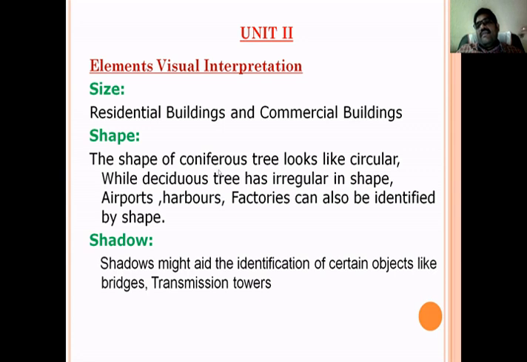The third one is shadow. Sometimes shadow also speaks what the image is. There are certain objects on the earth which always appear with their own shadows. Example, large single isolated poles or towers, or large suspension bridges always hold their shadows.